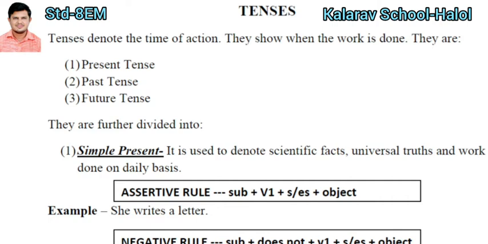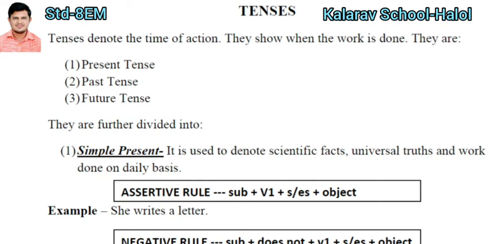Tenses show the time of action, whether the time is in the present, past or future. They show when the work is done. There are three types of tenses: present tense, past tense, and future tense. Today we are discussing the present tense.